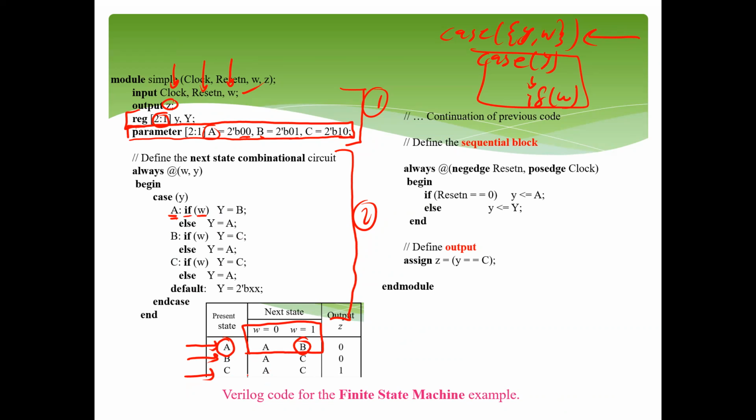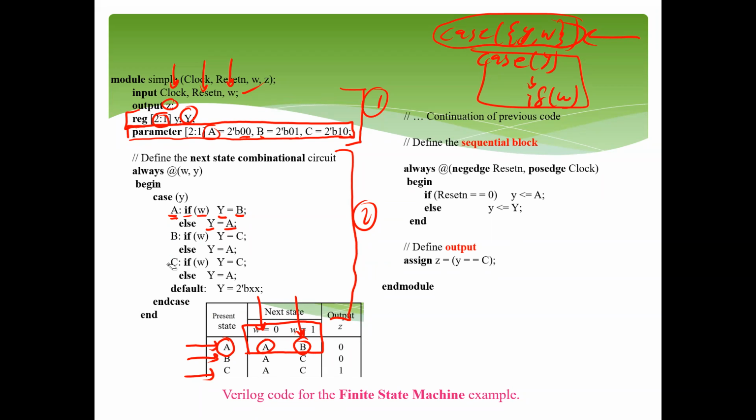It is B, and our next state variable is capital Y. So if you are at state A and W is equal to 1, make Y equal to B. Else, that means W equal to 0, let capital Y equal to A. If you design it this way instead of thinking about how to list a combination of all the inputs, this is much easier. It's just reading out of your state table.